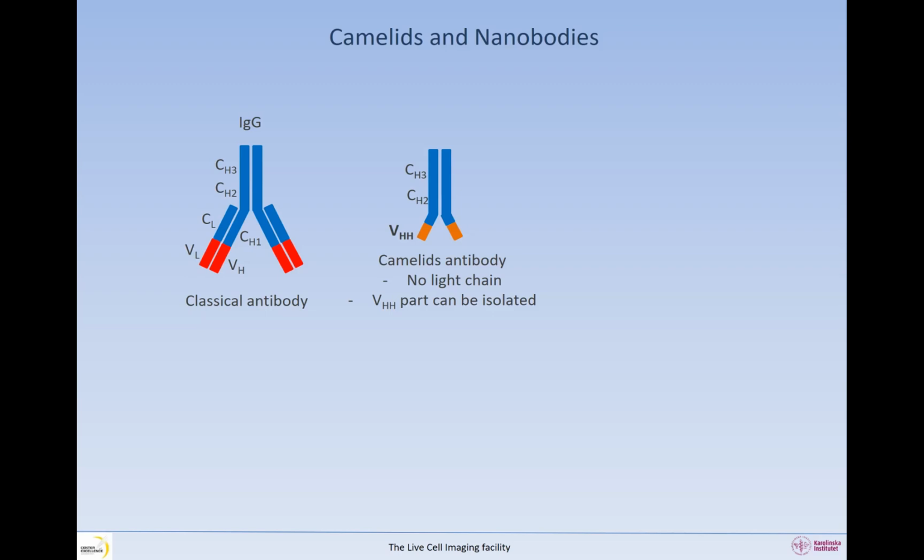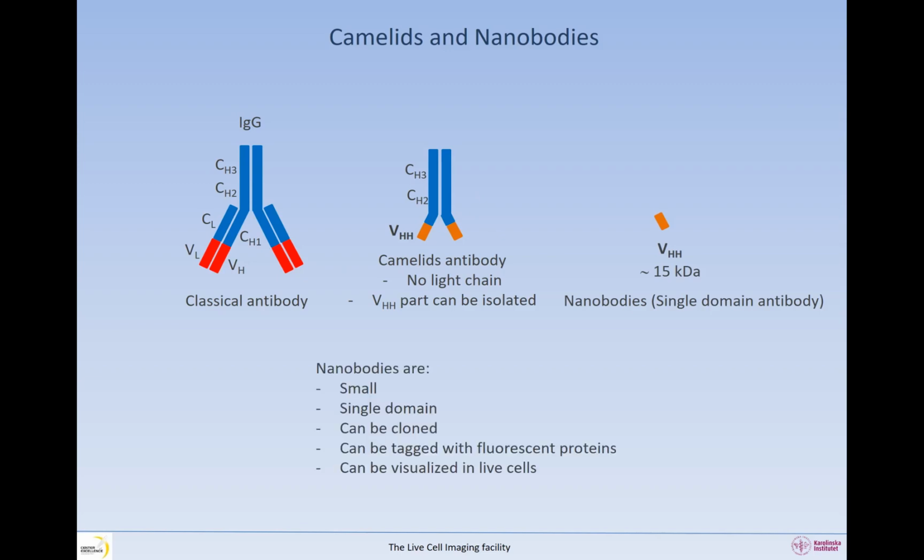Now, the small variable part of these antibodies is homologous to the variable part of the IgG, and it can be isolated, and it's called a nanobody.